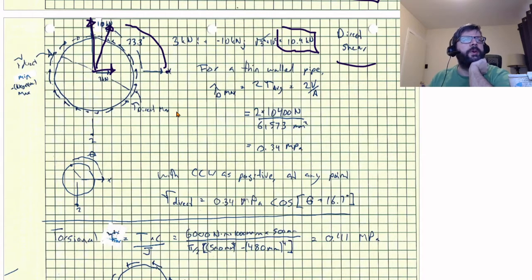So for a thin-walled pipe, your variation in the shear, the way the shear flow works is that it varies from 0 to 0, and then kind of maxes out and then drops down like this. So you're going to have your maximum at a point that is perpendicular from the directionality of the thing.